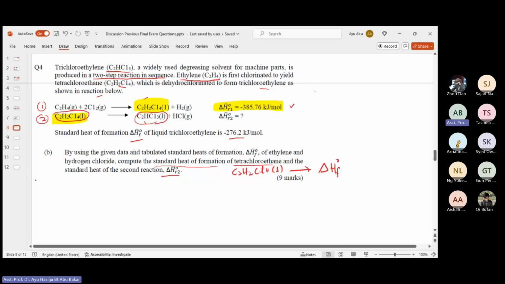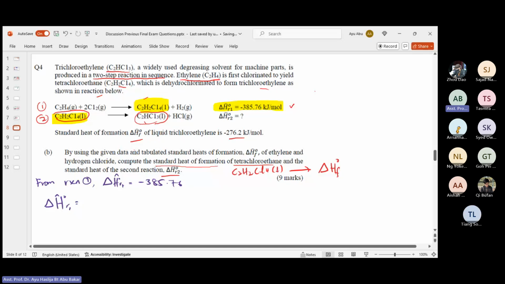Now, from reaction 1, the heat of reaction is given. We know that the heat of reaction is equivalent to the total heat of the products minus the total heat of the reactants.